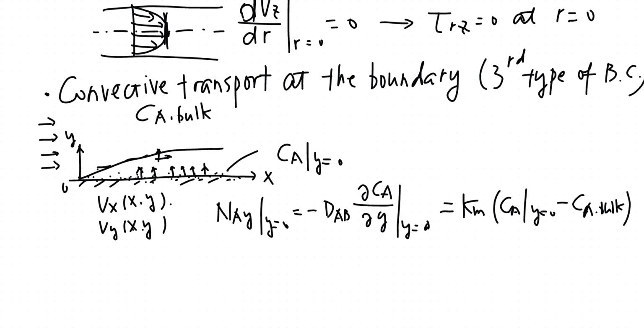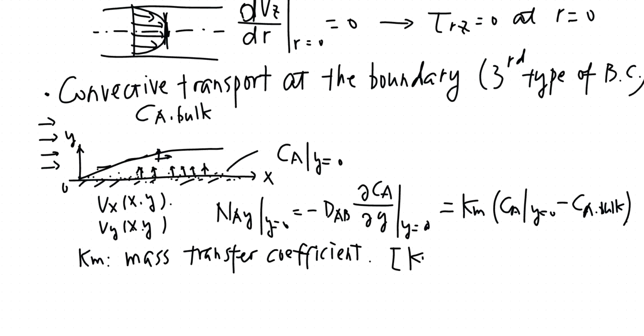So Km is called the mass transfer coefficient. The dimension of Km is length per time. It's the same as velocity.